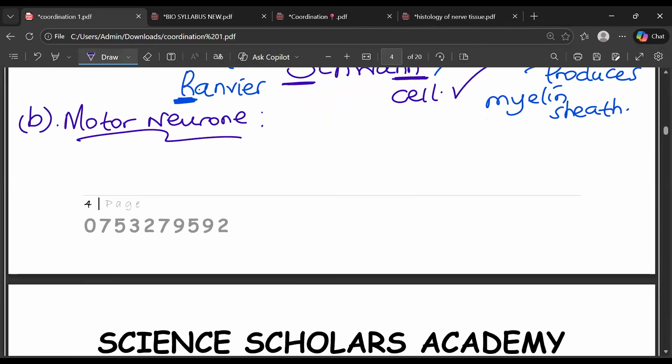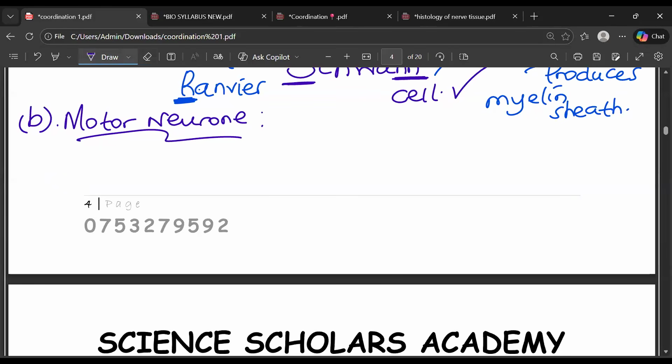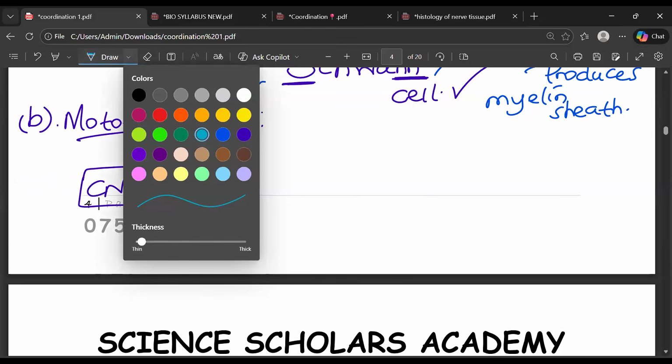So you all know it's going to be the CNS here. It's like our sensory is now delivered already. Now the motor. That is the CNS.